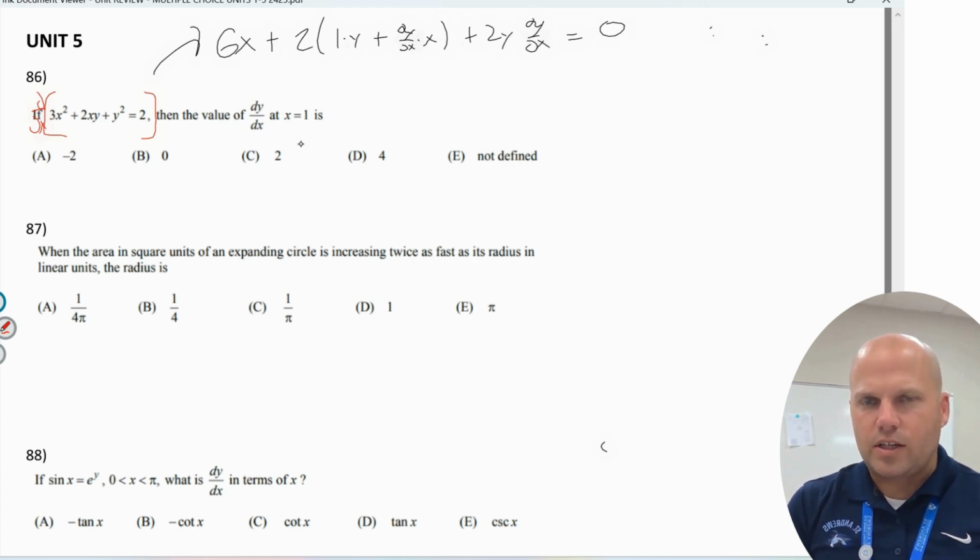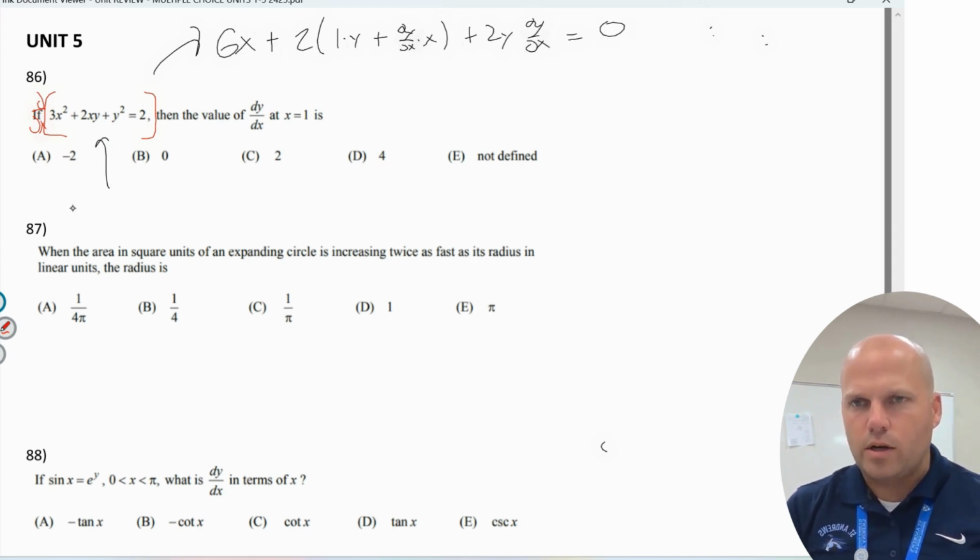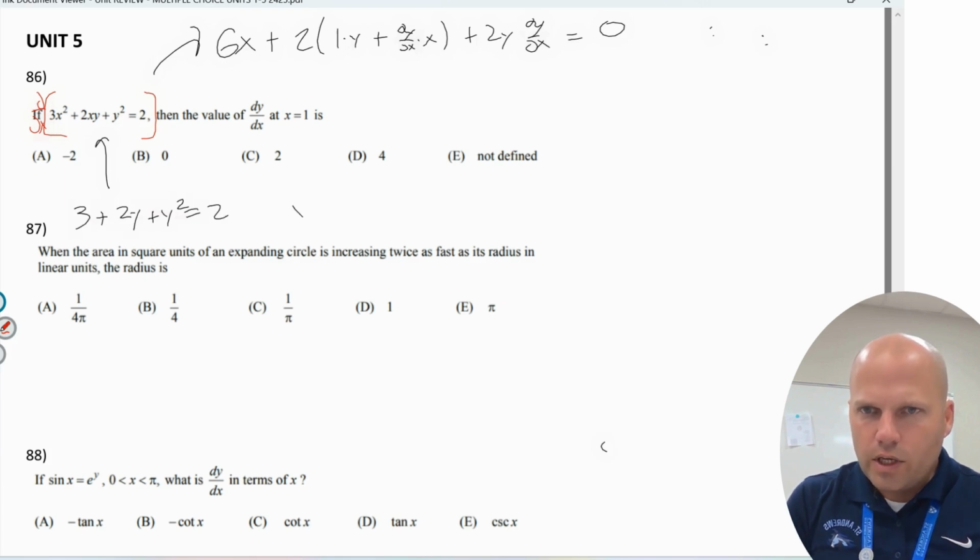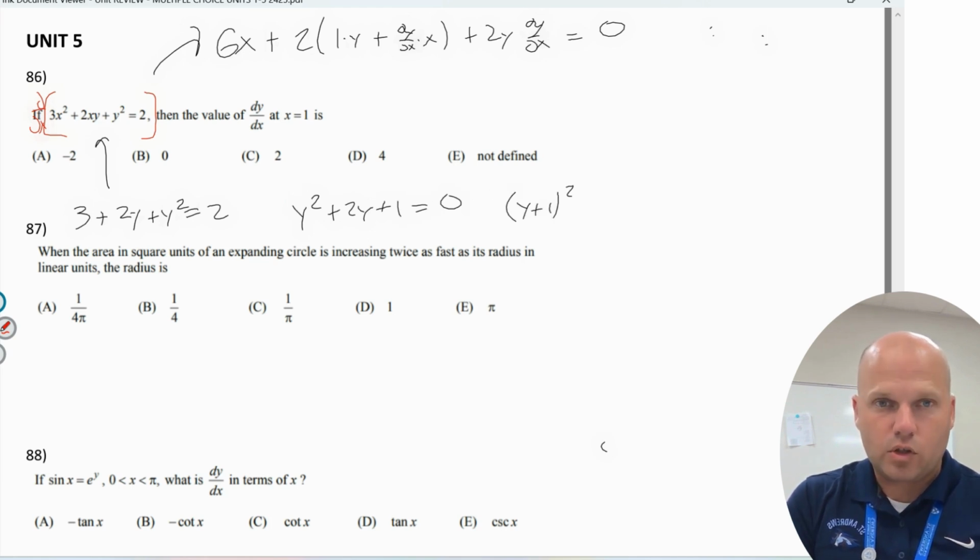What is dy/dx when x is 1? I'm going to go ahead and plug in x equals 1 here because we get y squared plus 2y plus 1 equals 0, which is (y plus 1) squared equals 0. So y is negative 1.